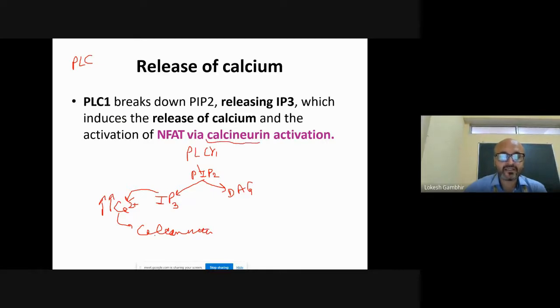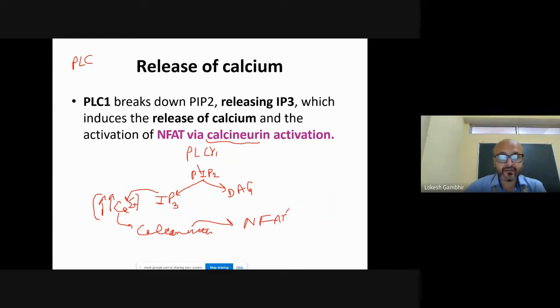Calcineurin is exactly the protein which gets activated in response to the increased calcium ion concentration inside the cytoplasm. Once calcineurin is activated, it activates a transcription factor called NFAT, nuclear factor of activated T cell.